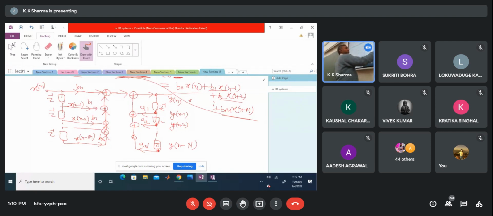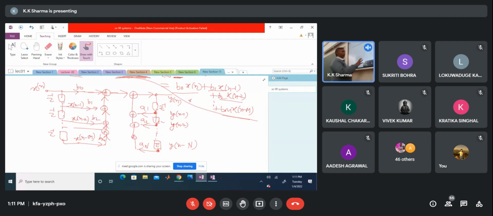Whatever is y of n minus 2 will become y of n minus 3 at the occurrence of the clock cycle. We don't show the clock directly in this block diagram, but there is always a clock present, used for multiplication and addition operations, as well as for shifting of the data from one register to the next.